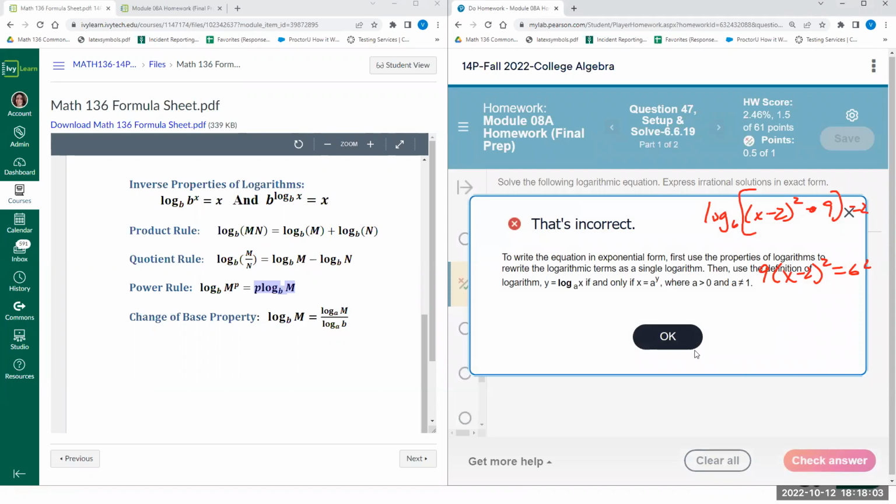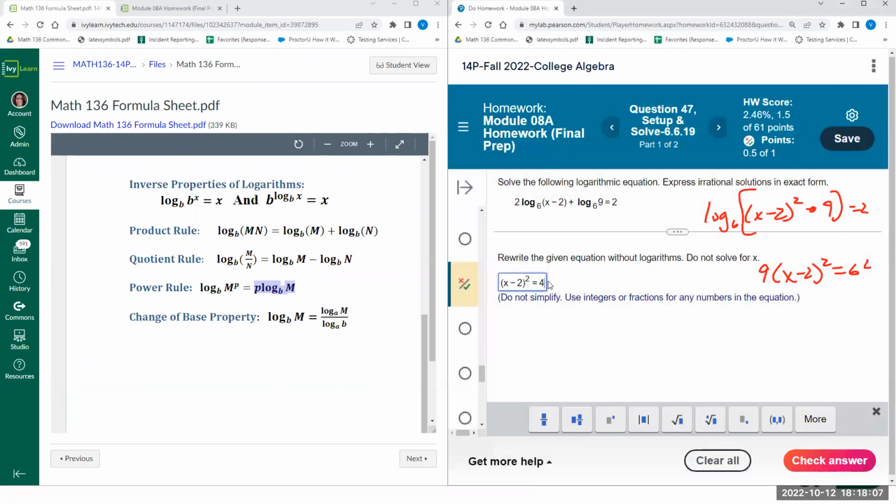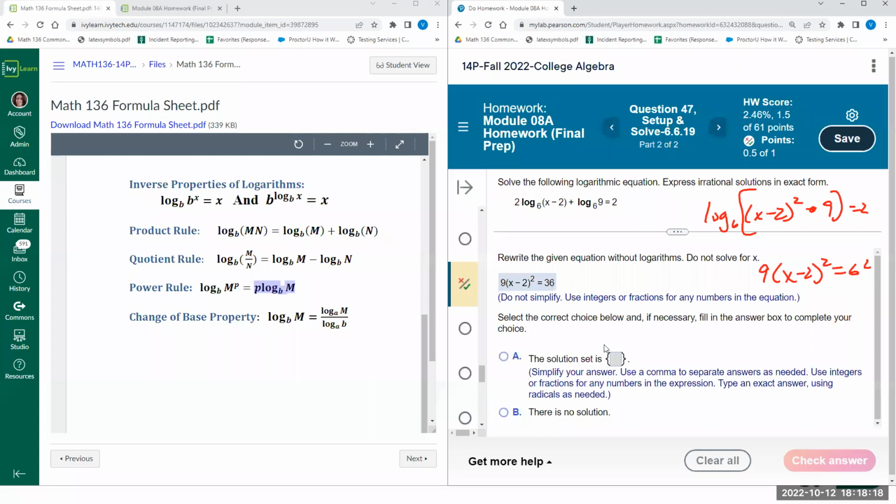Okay, it doesn't want that, that's farther than I wanted to go. I have 36 and the 9 here. Does it accept? Okay, so it's okay with going ahead and doing the 6 squared, but it didn't want the division step to happen. So you just want to look at once you've gotten far enough in the process that you've undone the log, that step.